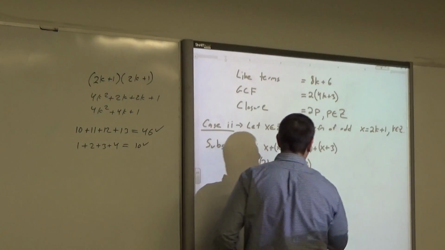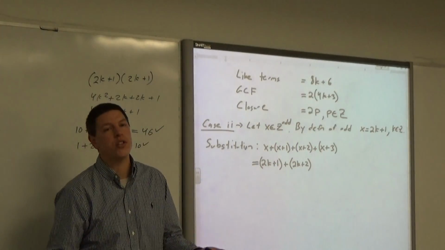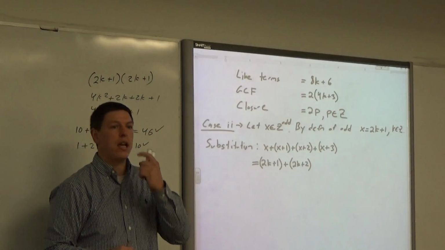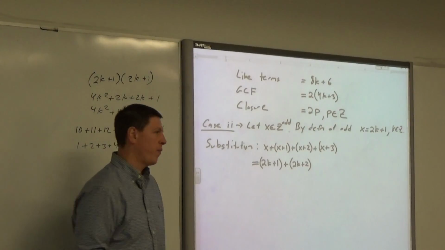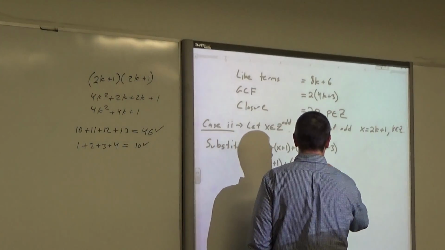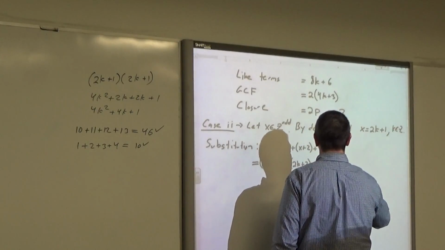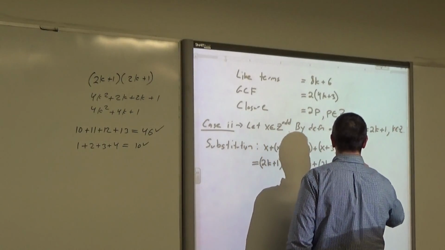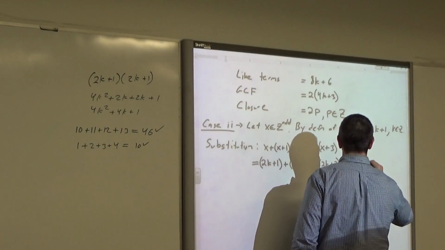If you want to write 2k plus 1, that's fine too. You could just go ahead and squish it together. Just make it really easy on yourself. Plus quantity 2k plus 3 plus quantity 2k plus 4.